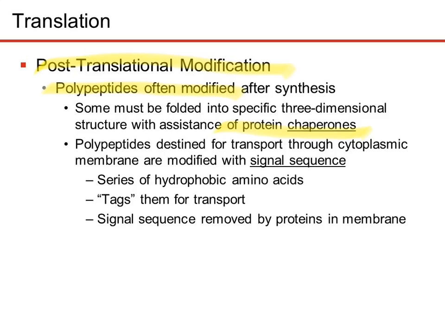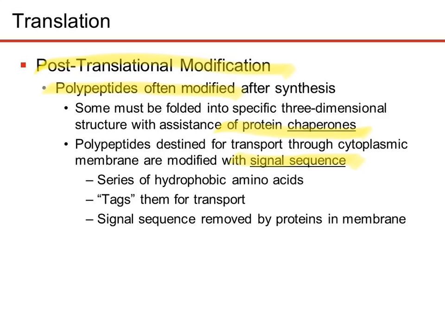Some proteins are designed to get pumped outside of the cell. They may be proteins that have to work out in the periplasm, but they're being synthesized in the cytoplasm, and so they have to get stuck outside, and those proteins are going to have what are called signal sequences. They're amino acid sequences, usually at the amino end of the protein, the beginning end of the protein, that say, hey, stick this protein outside the cell.